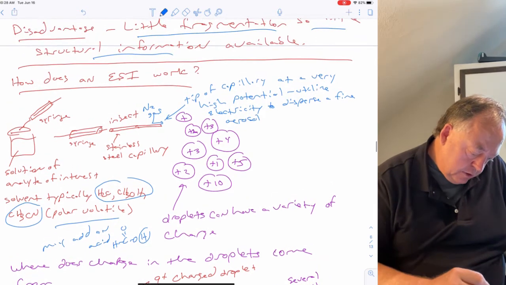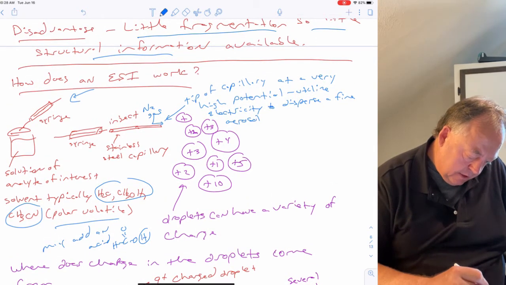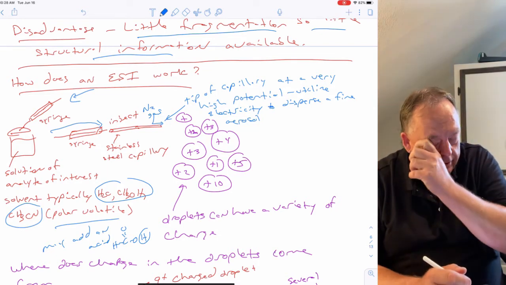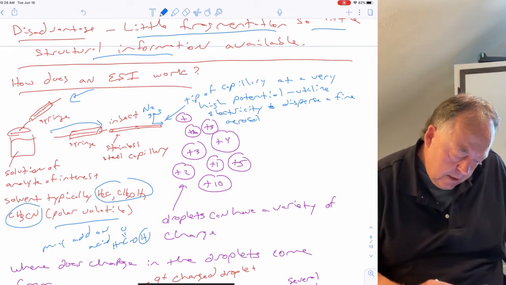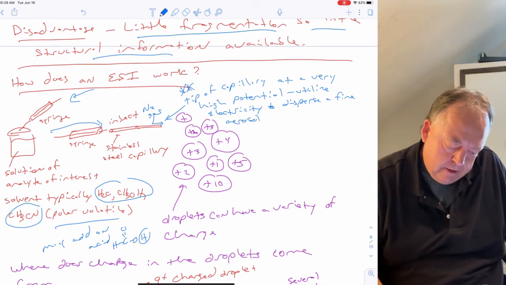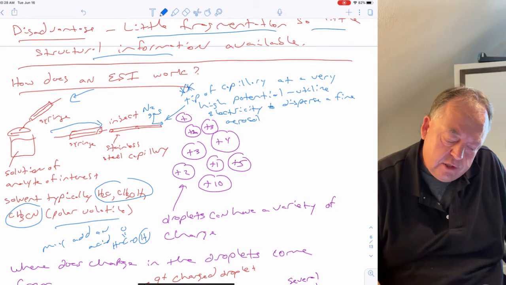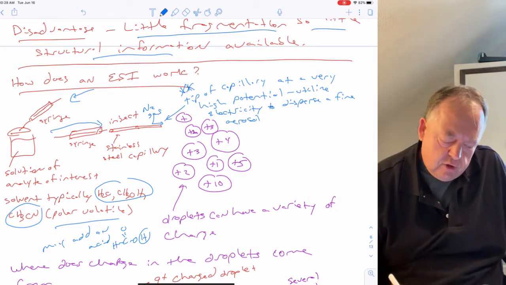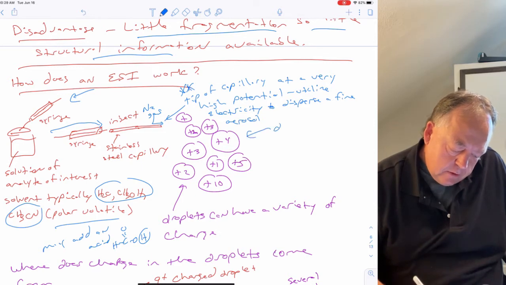And then you draw it up in a syringe, and then you inject it into a stainless steel capillary. And then the tip of that capillary is kept at a very high potential, and basically you're going to utilize electricity to disperse a very fine aerosol into the mass spectrometer. So you have droplets now.